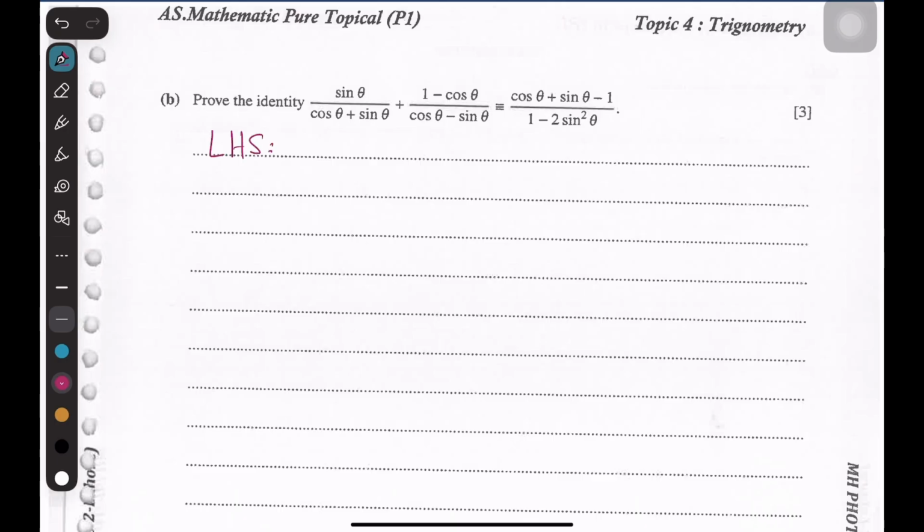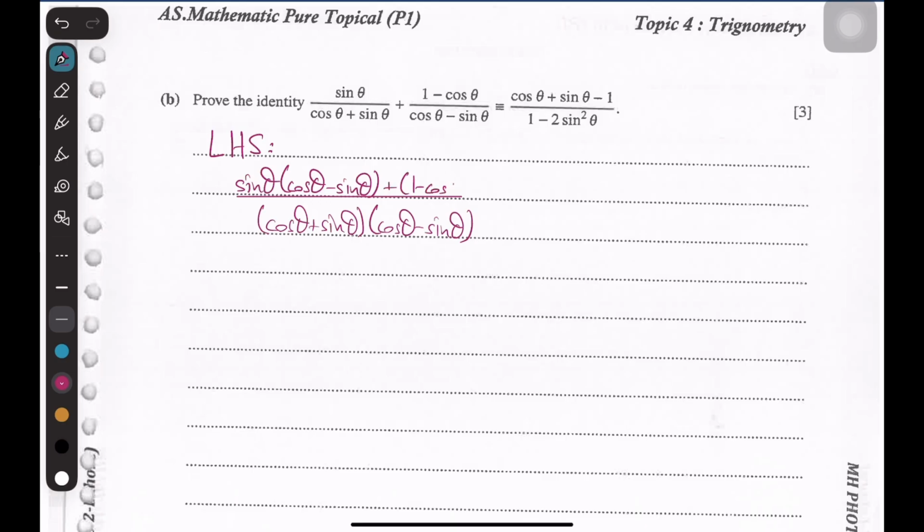So the first thing that we can do is merge the two fractions that we have on the left hand side. So let's have cos theta plus sin theta and cos theta minus sin theta. For the left fraction, we'll multiply it with the denominator of the right fraction. So we have sin theta times cos theta minus sin theta, and vice versa for the right fraction.